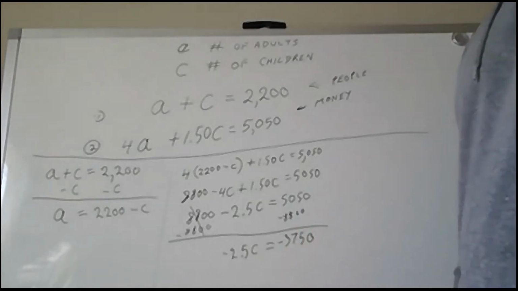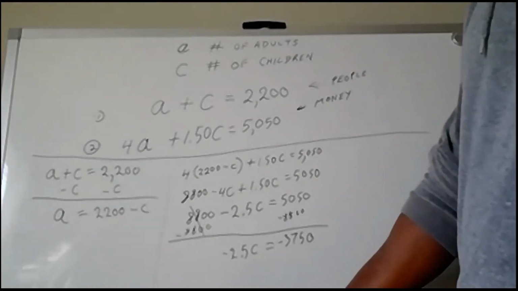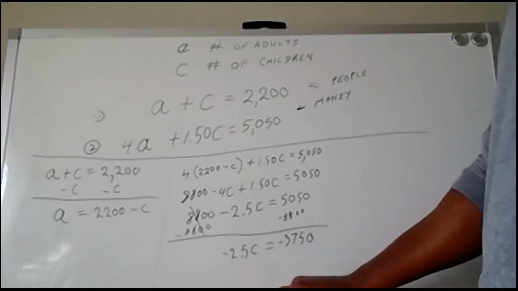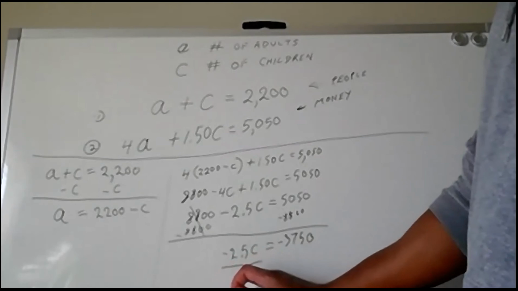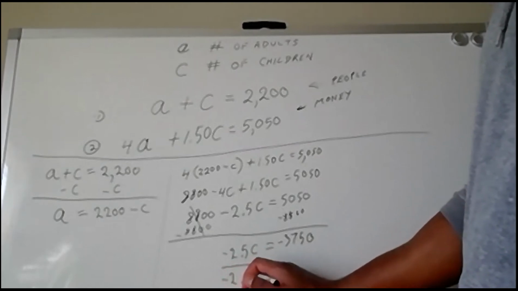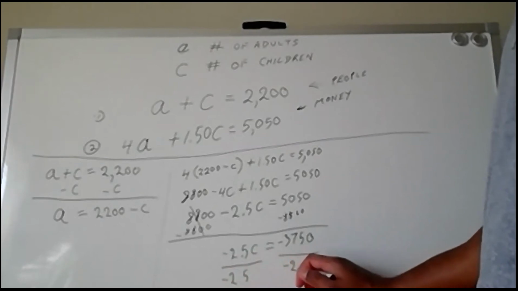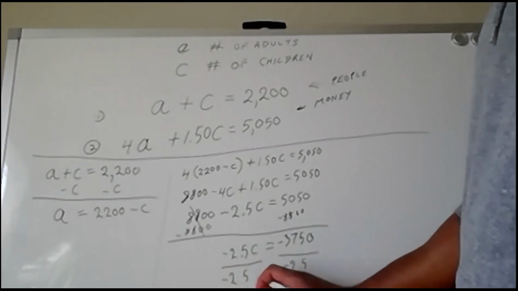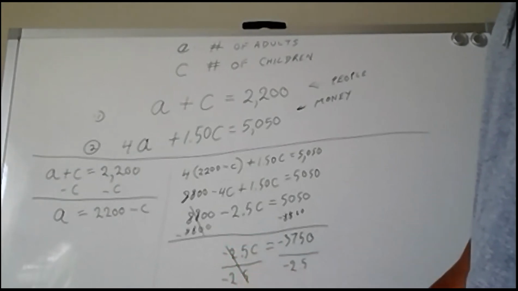Okay, good. Now I need to find a way to get rid of this negative 2.5 so that I can solve for C. So I'm going to divide both sides by negative 2.5. And so I'm going to have C, because negative 2.5 divided by negative 2.5 is going to give me 1.